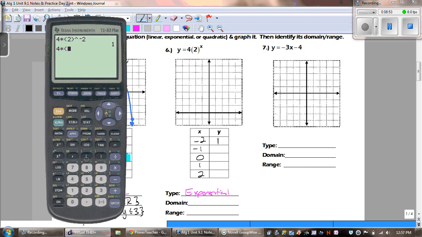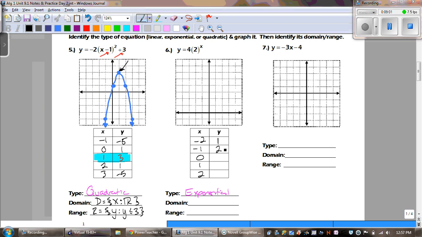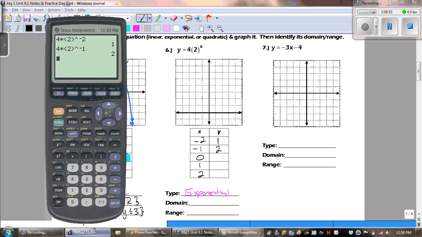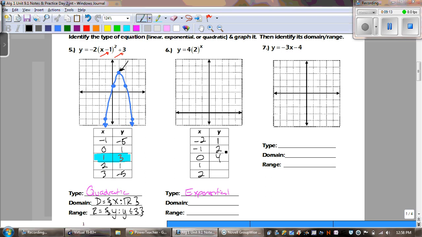So 4 times 2 raised to the -1st power. And we get 2. What happens with 0? I got 4. Okay, I'm going to give you guys a sec, and why don't you do number 1 and number 2?